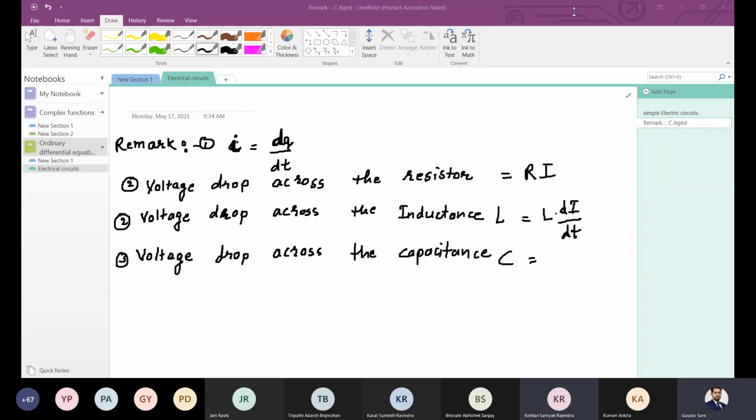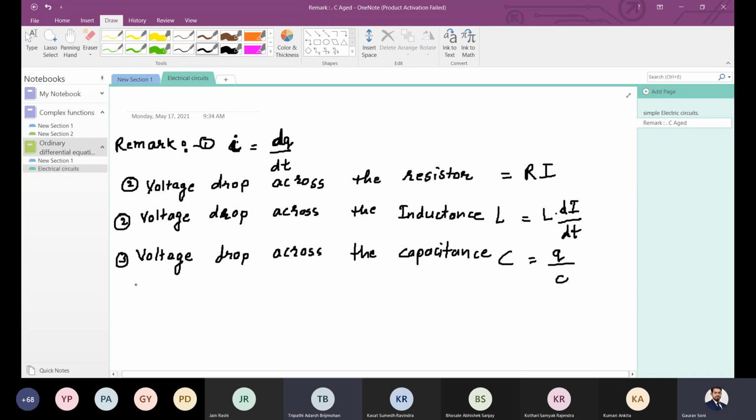Q by C. Q by C. So di by dt by C. Are you sure? Q can be written as di by dt, no? Sorry, it's wrong.